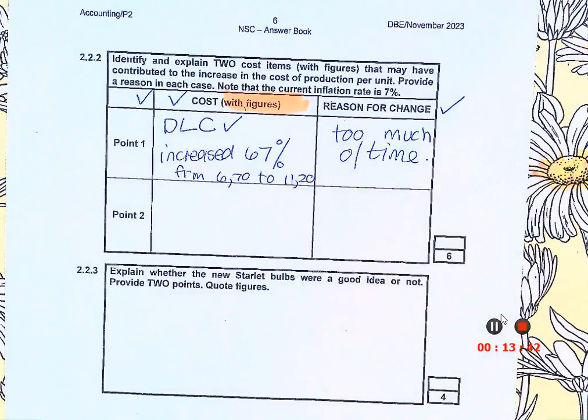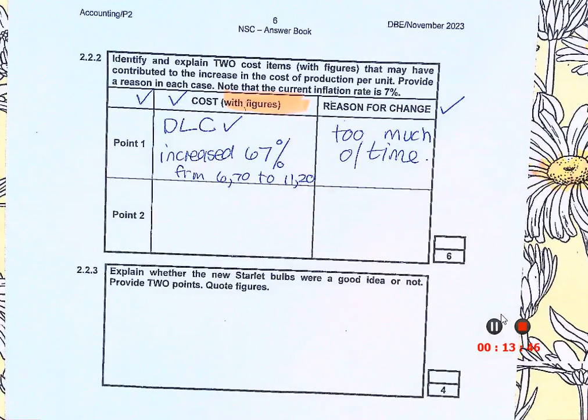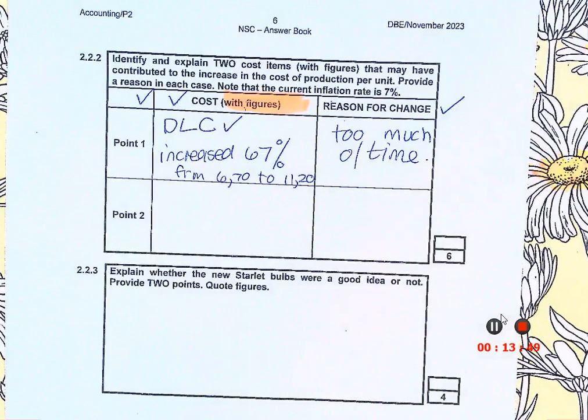Inexperienced workers lead to mistakes, lead to unproductive work, lead to overtime. So she would have to say leads to something. Yeah, the thing is, when someone marks your stuff, they're not inside your head. So you can't just say overtime, because overtime is a given. You're going to have overtime.